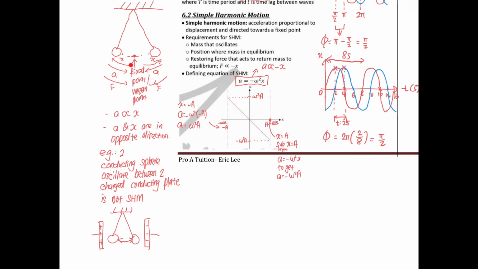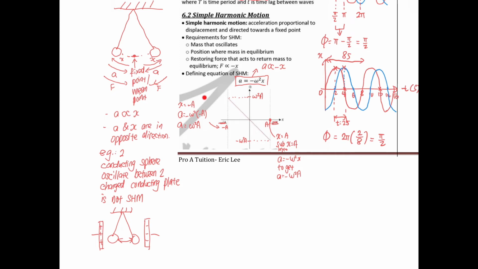Okay. Likewise, when it is going to this side, let's say this is negative displacement. So when it reaches the maximum of negative A, so when x is negative A, maximum displacement already, at that time it will have maximum acceleration also.